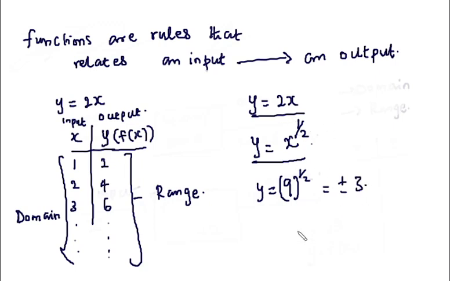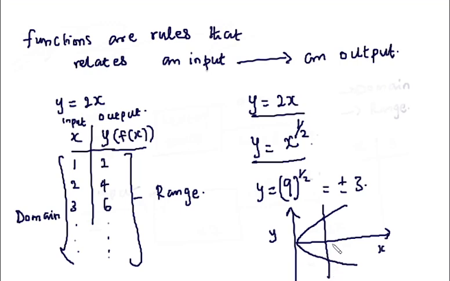Okay, so if you had to plot this graph, you'd have something like this. You have your y value here, and then your x value, and for a particular value of x, you have two intersecting values for y. So this is not a function. A function cannot give you two values for a particular input.